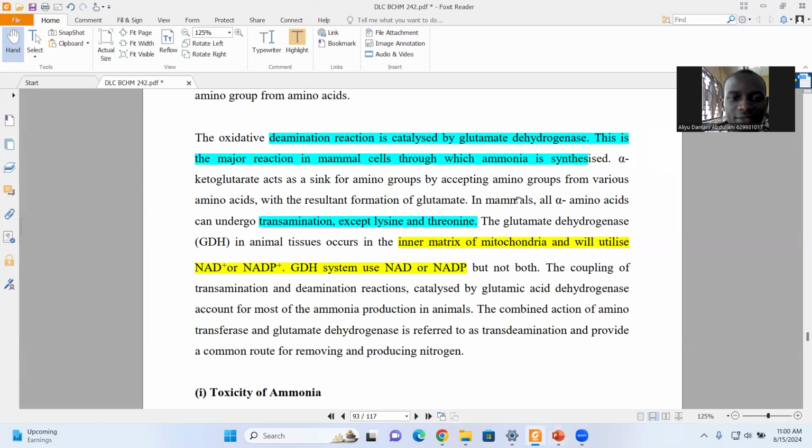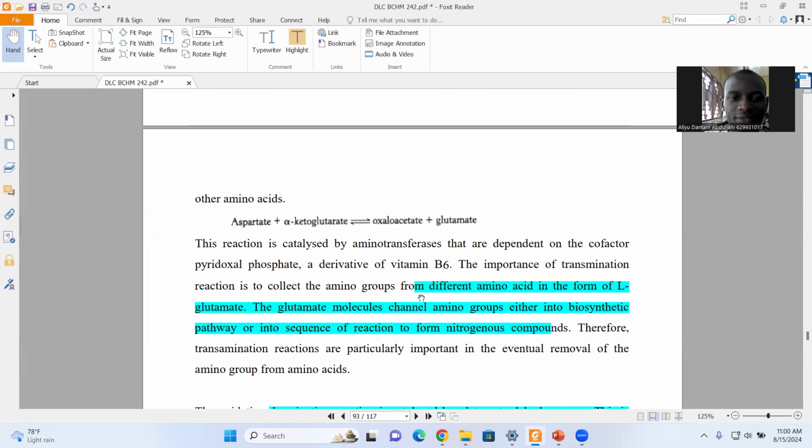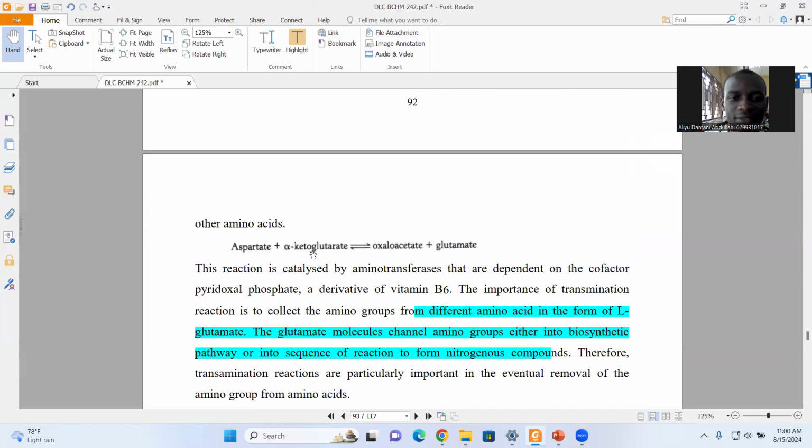So this statement here is simple, still linked to where alpha ketoglutarate acts as a sink for amino groups by accepting amino groups from various amino acids with the resultant formation of glutamate. Alpha ketoglutarate is converted to glutamate here, but the amino group that formed the glutamate was gotten from this amino acid.